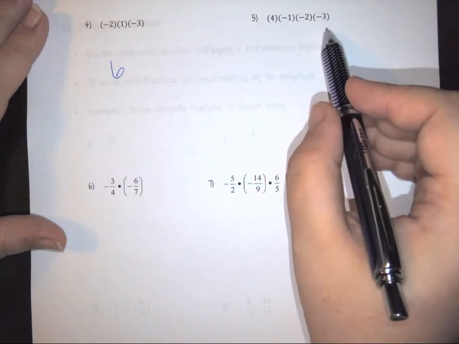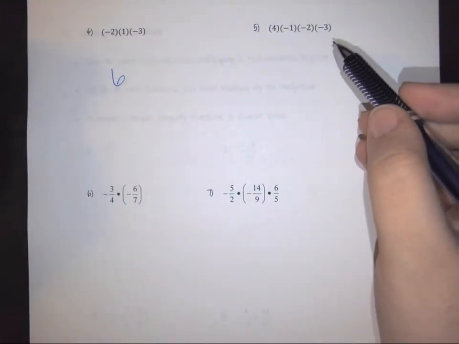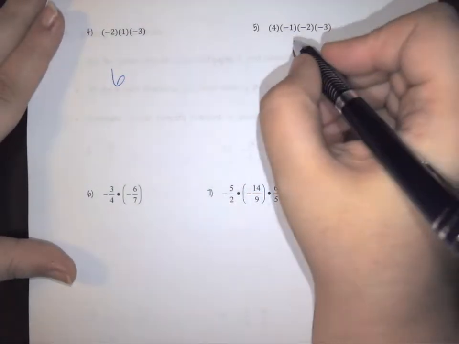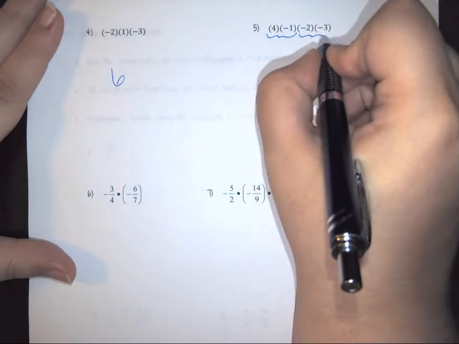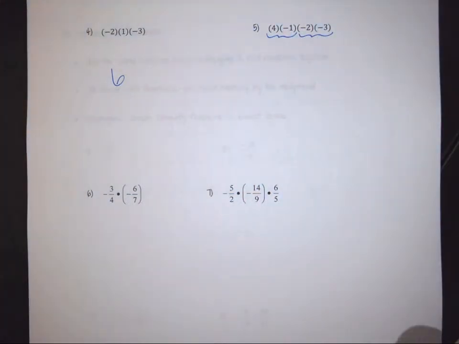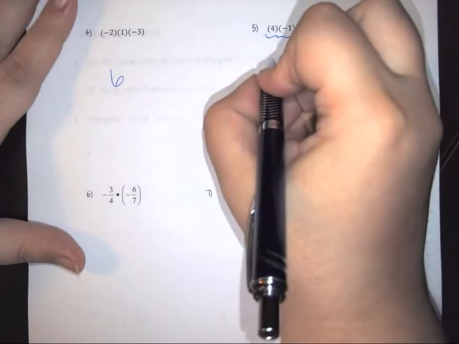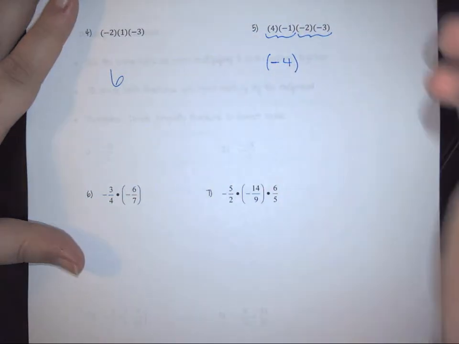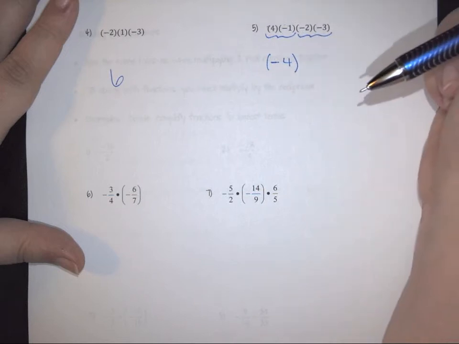Now over here I have 4 terms, which still falls into the category of more than 2. To make life easy, I would multiply my first 2 terms and then multiply my back 2 terms. Here I have 4 times a negative 1, which gives me a negative 4, because I'm multiplying 2 terms together and I have a negative, so my result is negative.